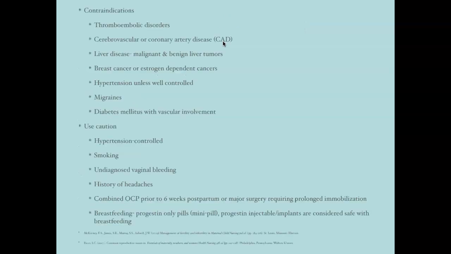Some contraindications to hormonal contraception. When studies were done on hormonal contraception back in the 60s, those were high level hormones, and so you got some incidences of things like clots and strokes.